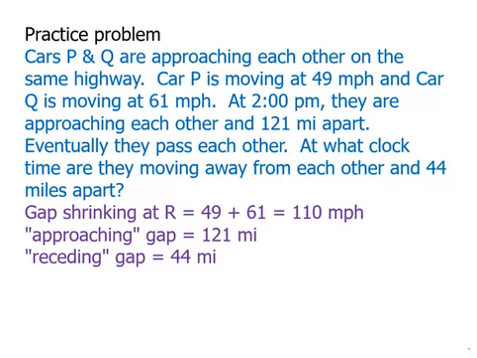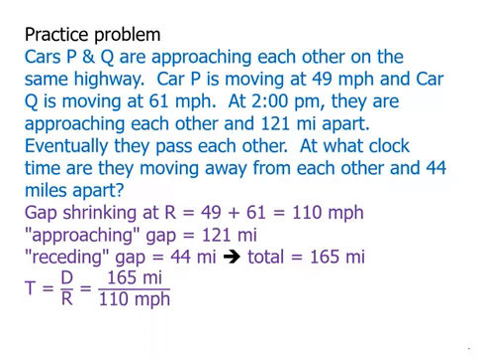But really, we can add both those distances, because in both cases, it's the same gap speed. In one case, it's getting smaller, in one case it's getting bigger, but it's the same speed. So we can just add those distances up. 121 plus 44 equals 165. And then time is just distance divided by speed. So 165 divided by 110, both of those numbers are divisible by 11.